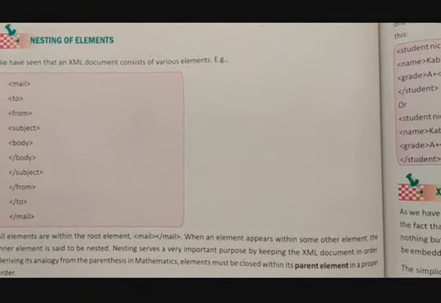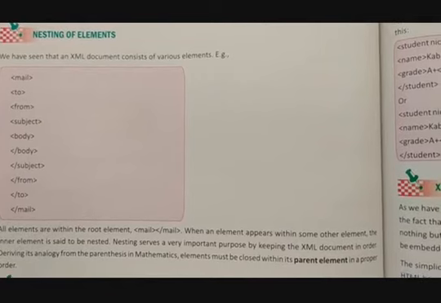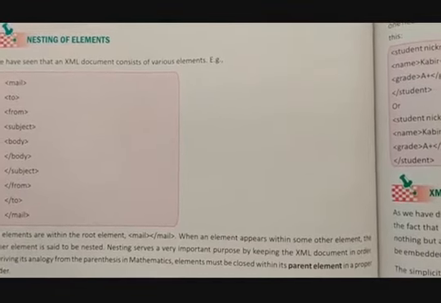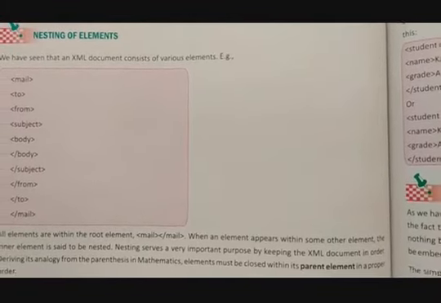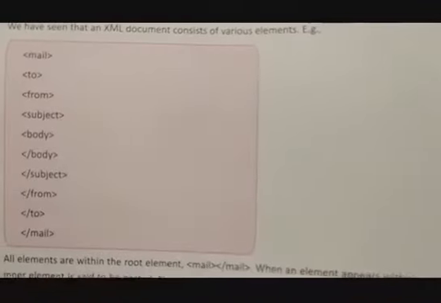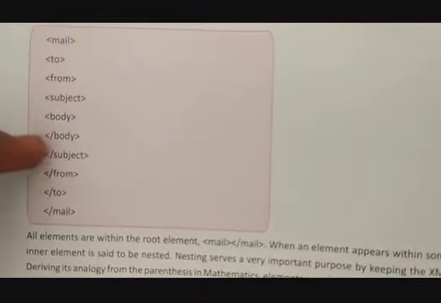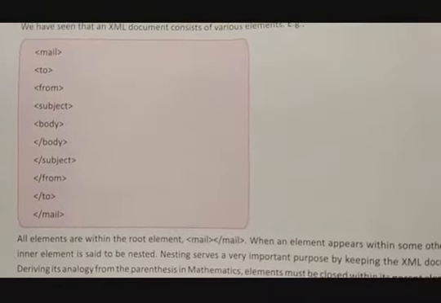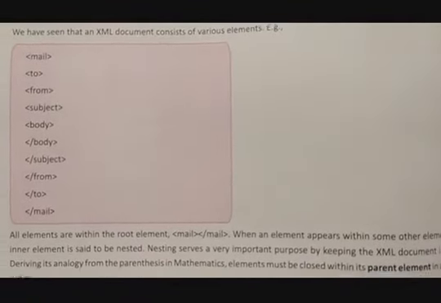So students, you have to take care about this type of nesting whenever you use multiple tags in the form of nesting. So you have to close within its parent element. Here, the tag which is opened last will be closed first. So this order will be followed in the XML document, just like we do in HTML programming also.